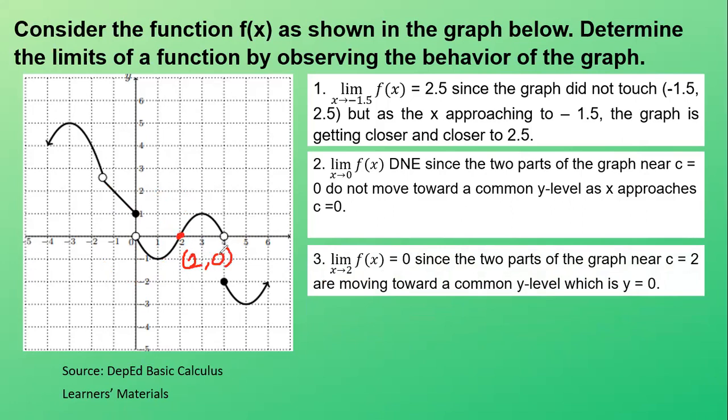Okay? So continuous siya. From the left, it approaches a certain value which is 0. So from the right, y also approaches 0. Okay, thus the limit of f of x as x approaches 2 is equal to 0.